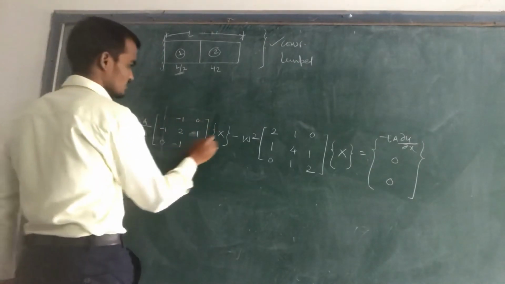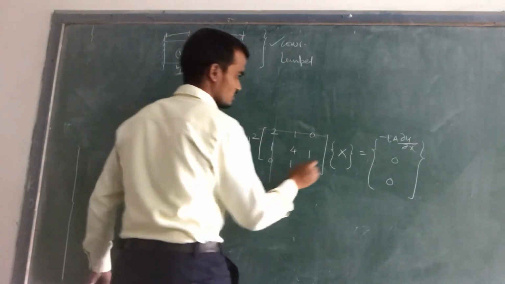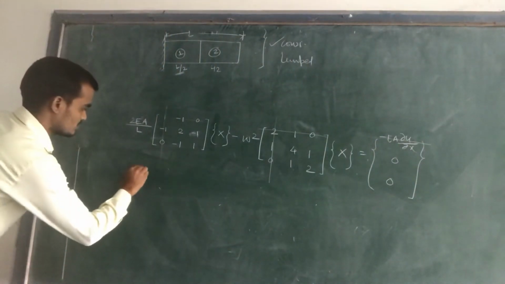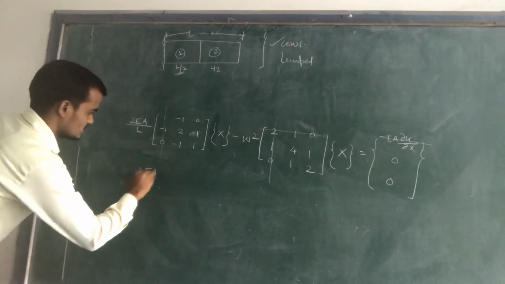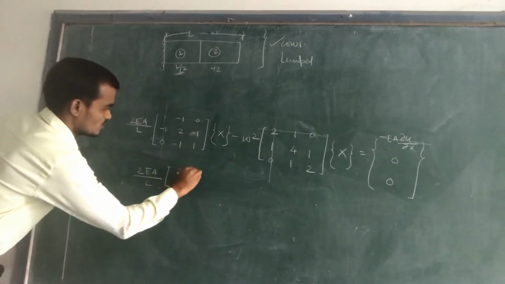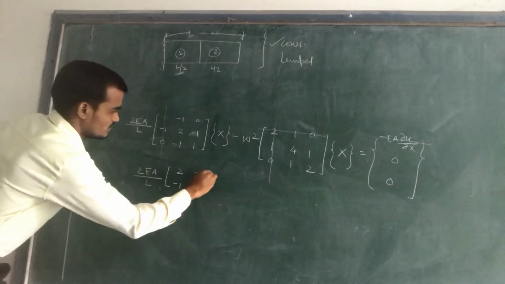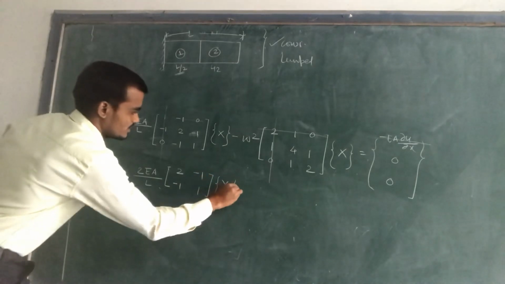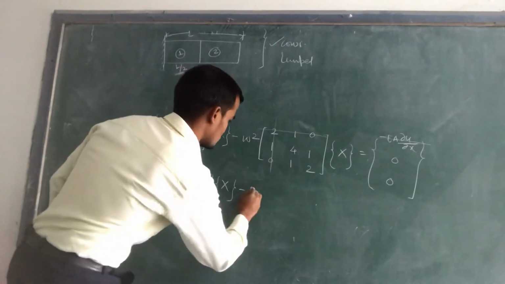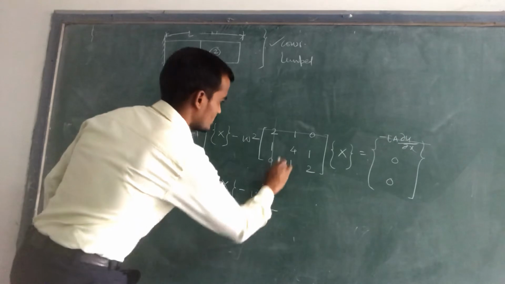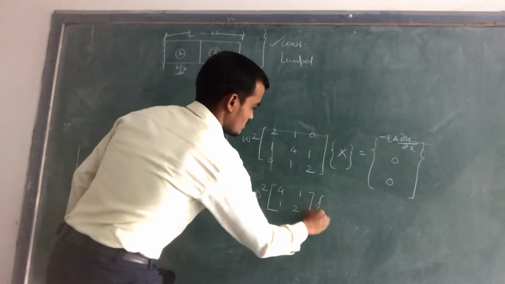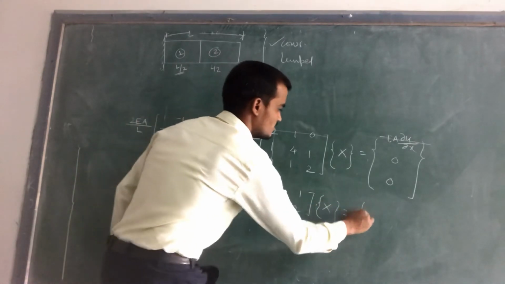After elimination, we will get 2 times EA by L in bracket 2 minus 1, minus 1 1, into x, minus omega square in bracket 4 1, 1 2, into x is equal to 0.